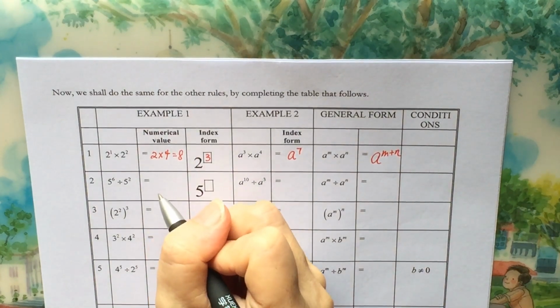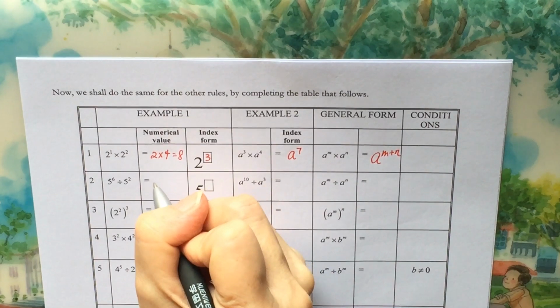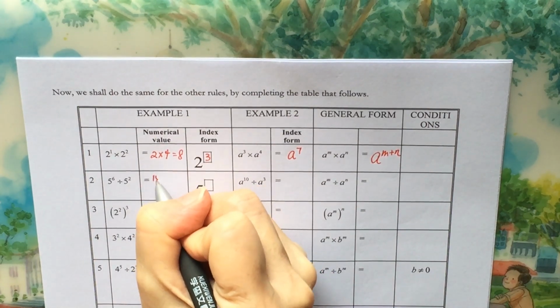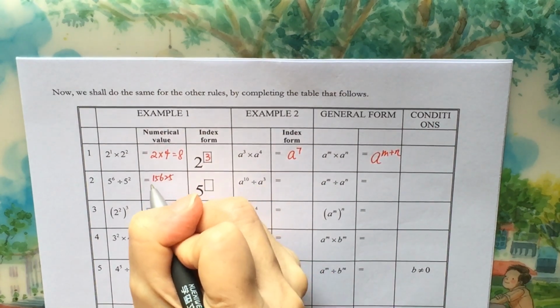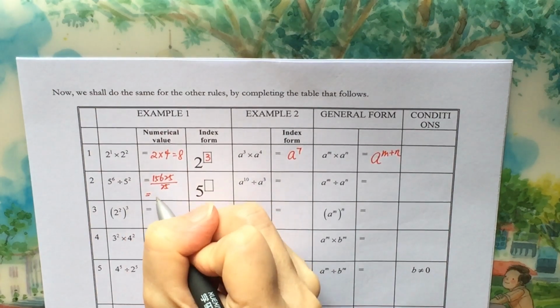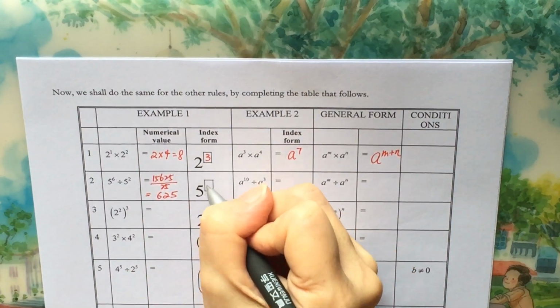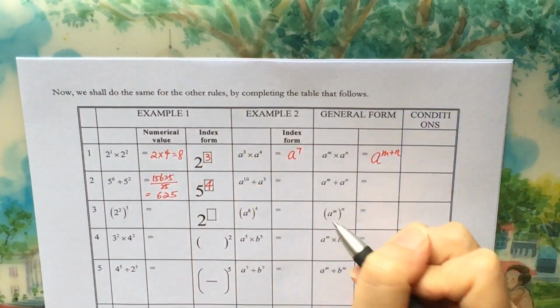Okay, second question. 5 power 6 times 5 divided by 5 power 2. 5 power 6 is actually 15625. 5 power 2 is 25. So when you divide them, your answer is 625. 625 is written as 5 to the power of 4.